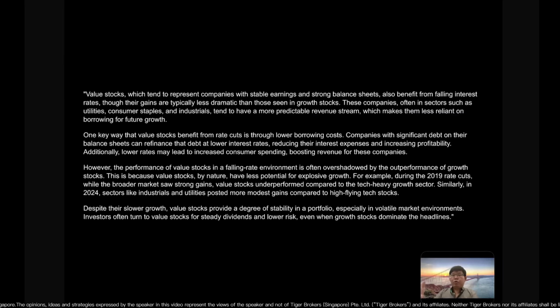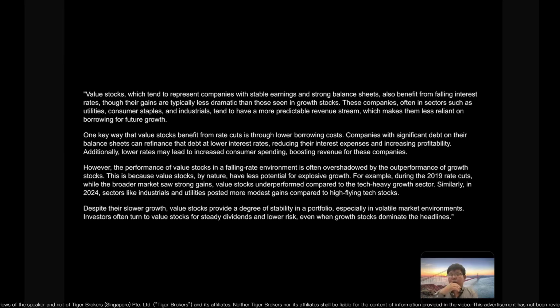Now we go on to value stocks. Some of the value stocks also borrow money. If interest rates are lower, like I just said, they pay less interest, so they will make more money. All these are quite theoretical.